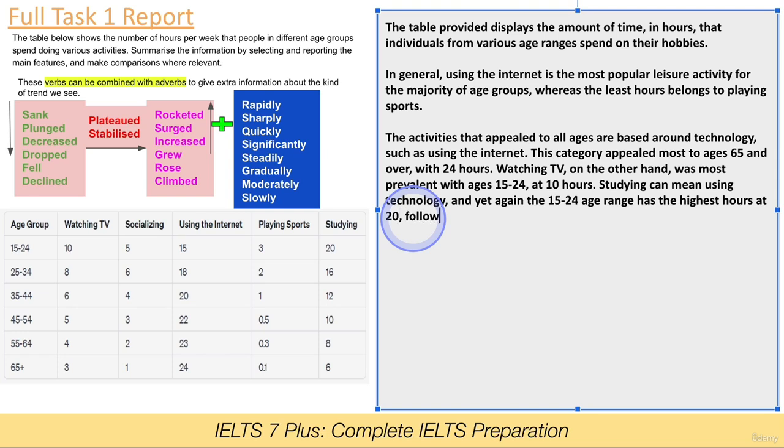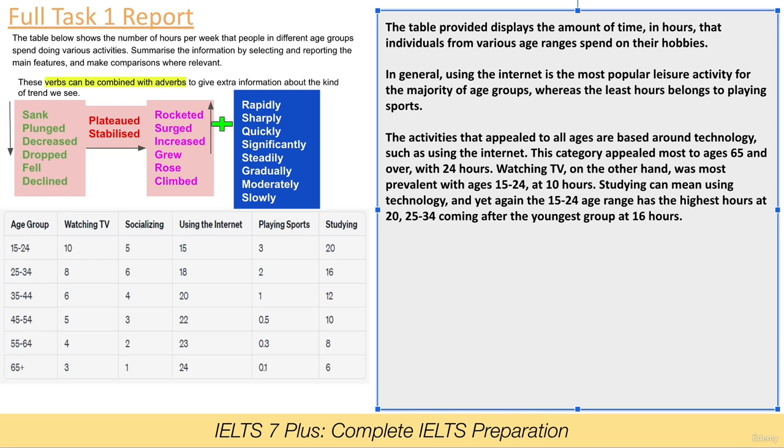Let's just add in a nice line, followed by maybe 25 to 34 coming after the youngest group at 16 hours. Okay, so that's quite a nice first paragraph, grouping them based around technology.